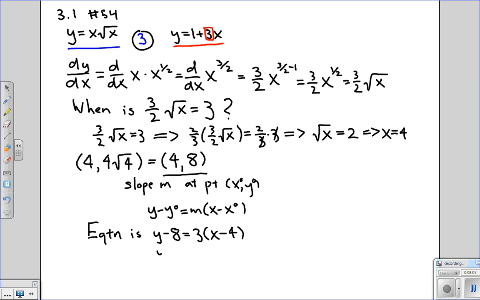And then doing some simplification, that means y is equal to 3 times x minus 4 plus 8. And then distributing the 3, we get this is equal to 3x minus 12 plus 8. And then finally, combining the negative 12 and 8, we get 3x minus 4.